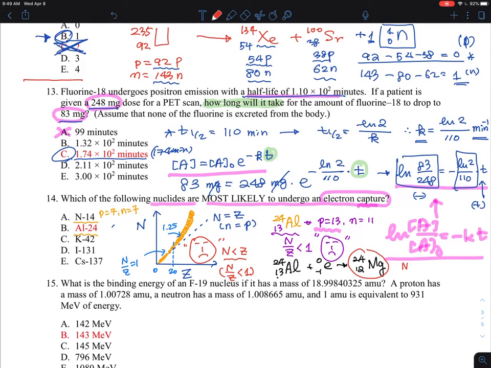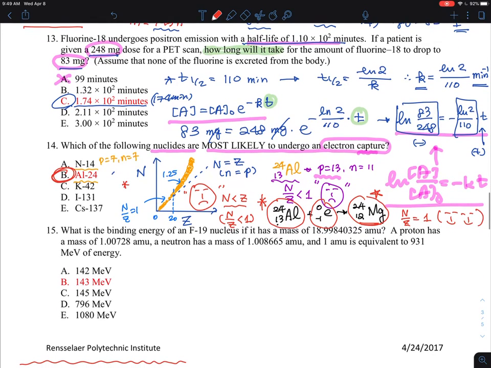What is its N over Z? It is 1, right? This is a very, very happy atom. So this is good, and the aluminum is unhappy. By capturing the electron, you make things happy. So that is what is going to happen, and that's why this is the answer. You can continue to write it and look at the slide, and see what you can find out.